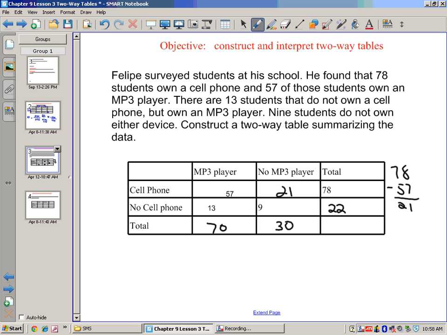So if we add up the row at the bottom here, 70 plus 30 is 100. Now if we go to the column, 78 plus 22 should equal 100, and it does. So you have a double check system there at the end, so just in case you made a mistake, you can sort of figure out where your problem is. So there's how you fill out a two-way table.